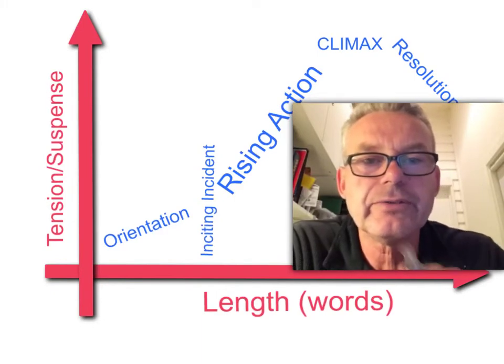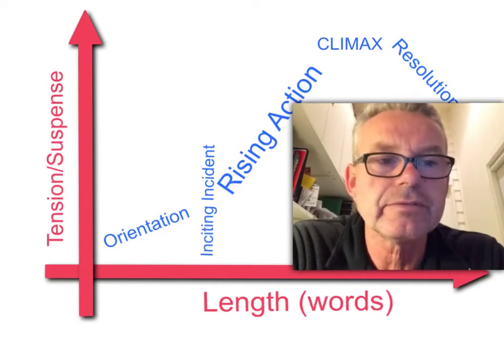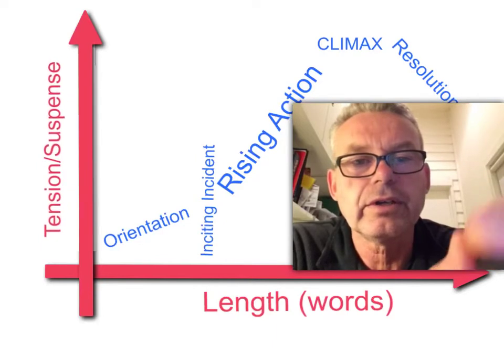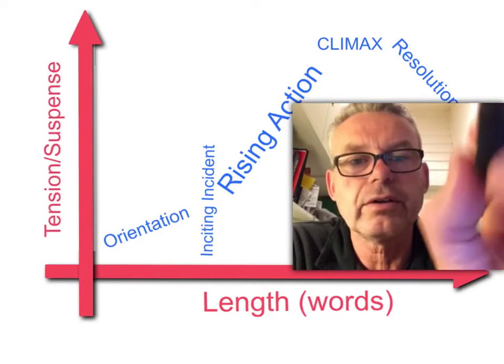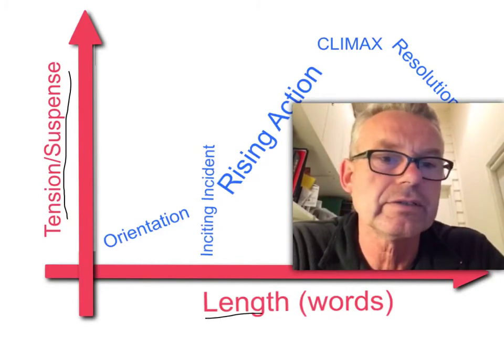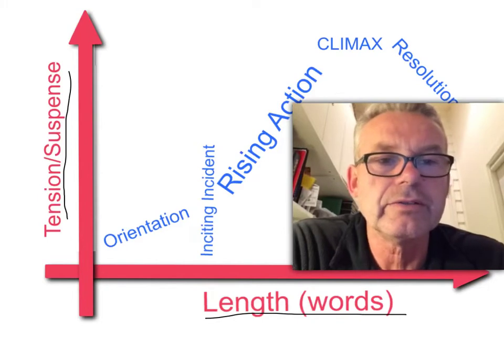Now, if you were going to represent a short story on a graph, it would look something like this. Along the y-axis, we've got our tension and our suspense, and along our x-axis, the story progresses in length and time in the form of words.